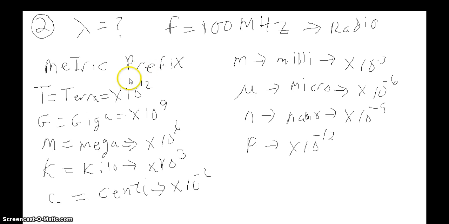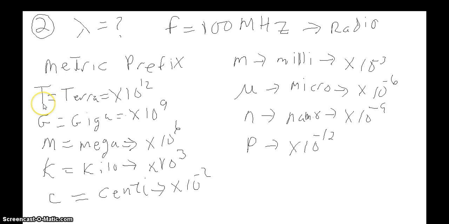I want to talk quickly about what are called the metric prefixes. These are letters that are commonly used in science and engineering that represent some times 10 to the some power. The first one is tera.